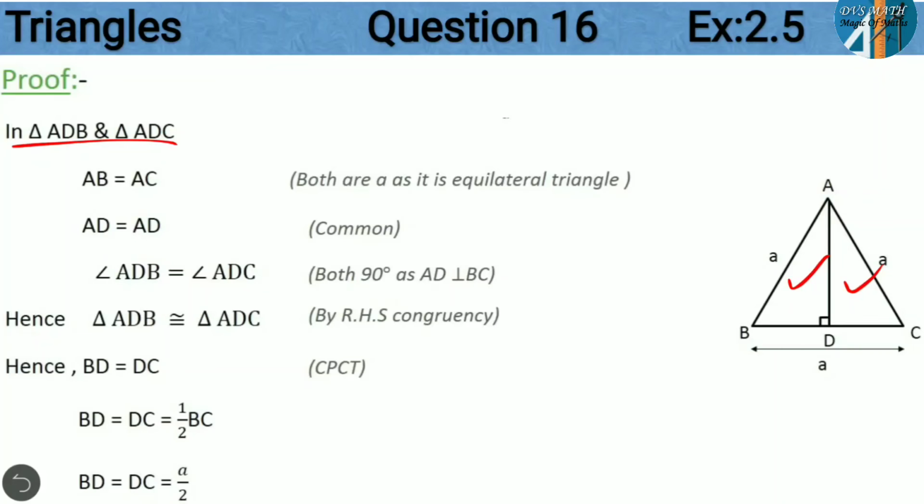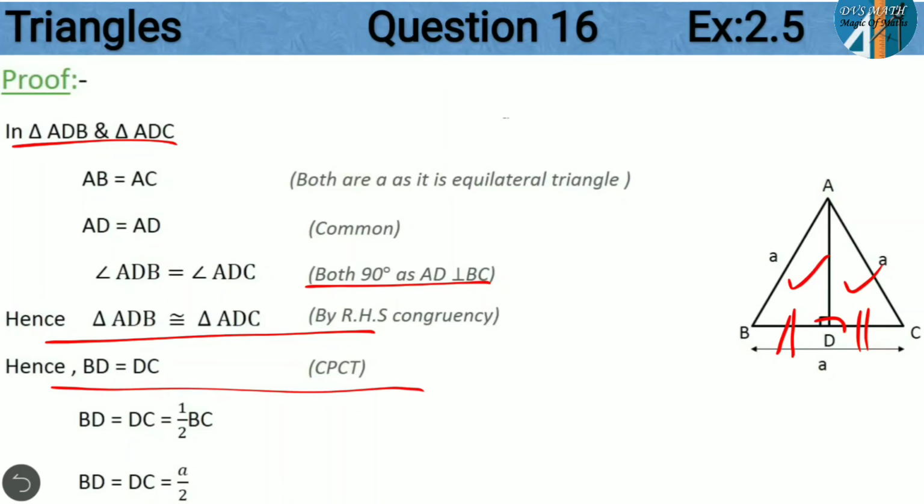AB and AC are equal as it is an equilateral triangle. AD is common. Both angles ADB and ADC are 90 degrees as it is perpendicular. So these two triangles are congruent by RHS. So definitely BD and DC are equal by CPCT. That means BD and DC are each half of BC.